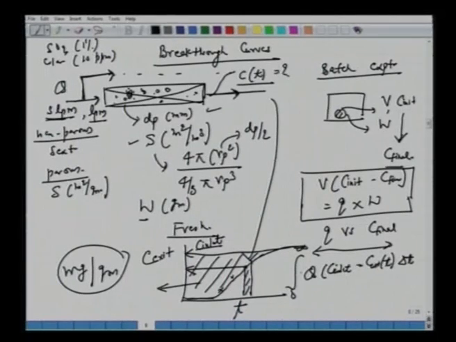So material balance, inlet minus outlet, must be the same as your capacity which you want to calculate, Q into W. With proper units you can get this Q as a function of C inlet or C exit. Next time you do different concentrations, you will get different Qs. This is the way we can also generate isotherms.